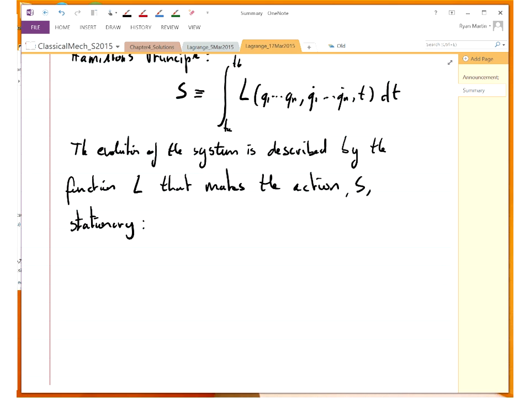And so we know from variational calculus that L must satisfy the Euler-Lagrange equation for each degree of freedom.